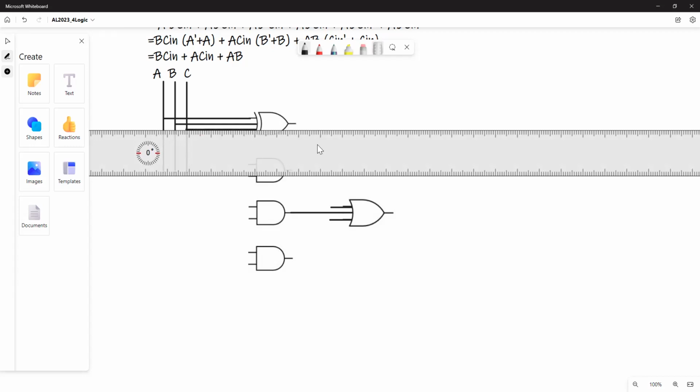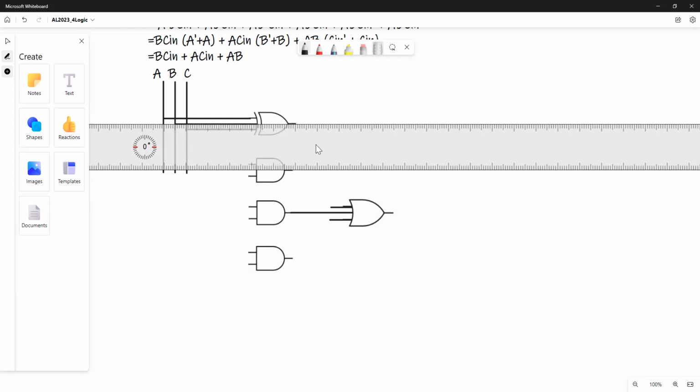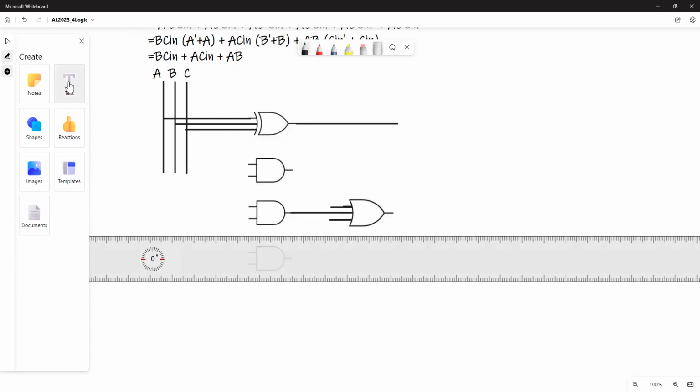Right. So now we know that this is what we expect, and this is the sum. We can say this is the sum, right? Okay.